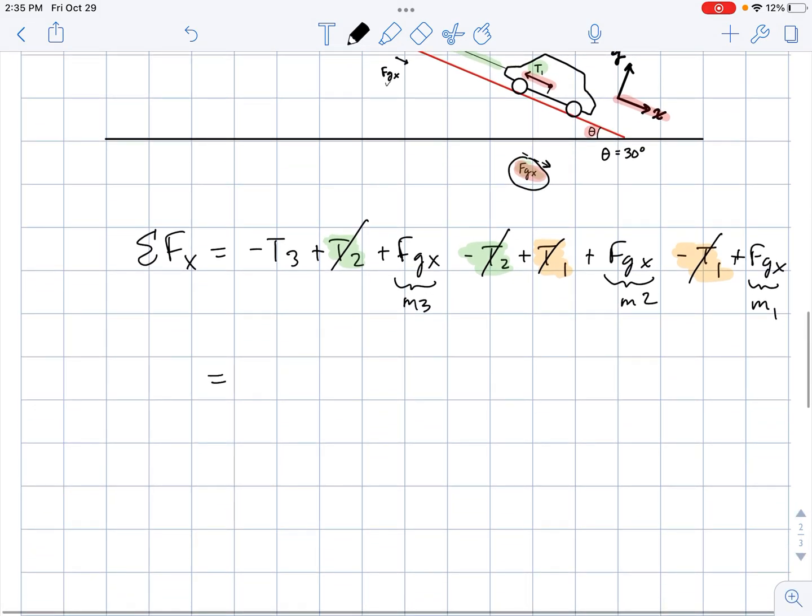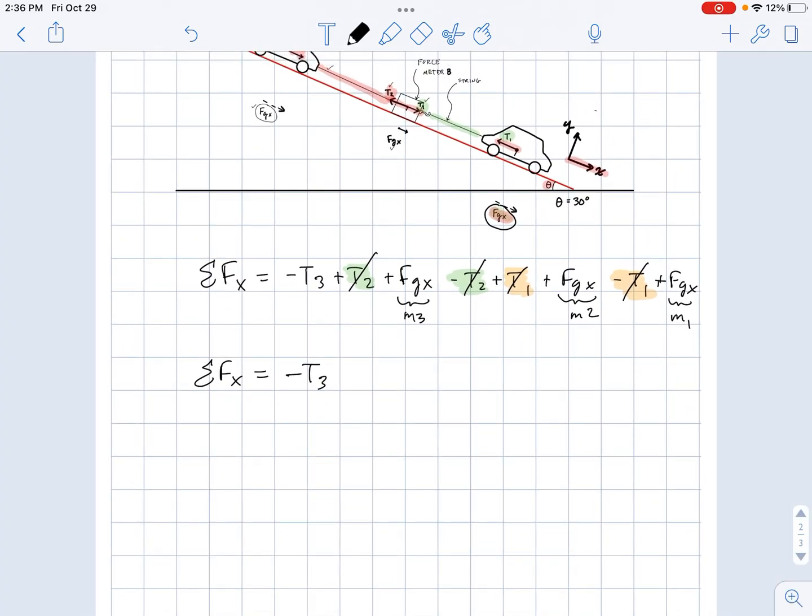So our equation actually simplifies to the sum of the forces in the x direction equals negative T3 plus FGX for mass 3 plus FGX for mass 2 plus FGX for mass 1, right? And we know it's not accelerating, so we can say equals 0. And then, for each of these, we just plug in for FG times sine theta, and we can solve for T3 no problem. This should be pretty easy math from here on out to solve for T3.